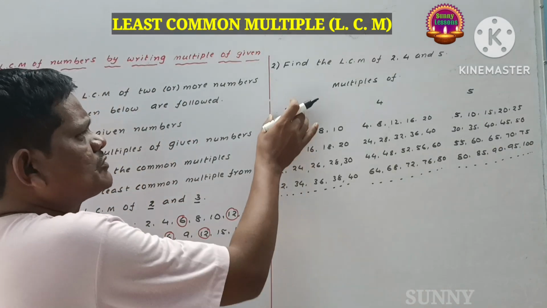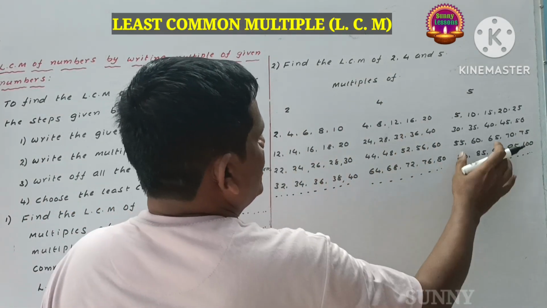These are the multiples of 2, of 4, and of 5.